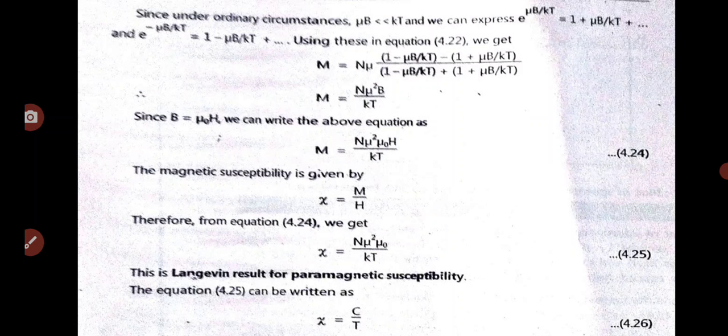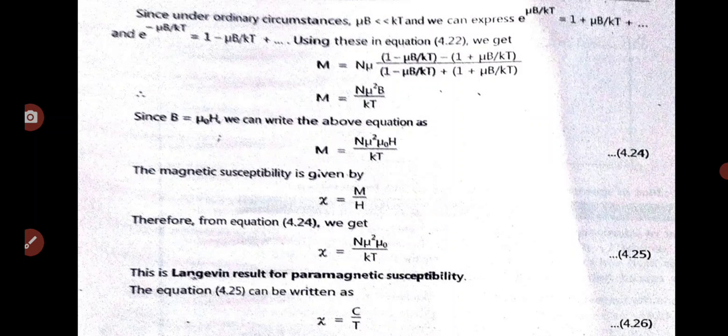Using this, and cancelling terms, we get M equal to N mu squared B divided by kT, where B, the magnetic induction, is mu naught H, that is permeability times magnetic field strength. So M is equal to N mu squared mu naught H upon kT.